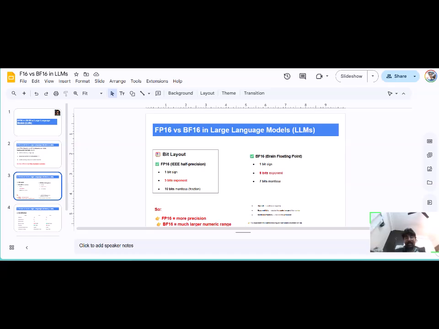So the difference here is precision, right? This difference between a 5-bit exponent and an 8-bit exponent makes a huge difference when you do inference.